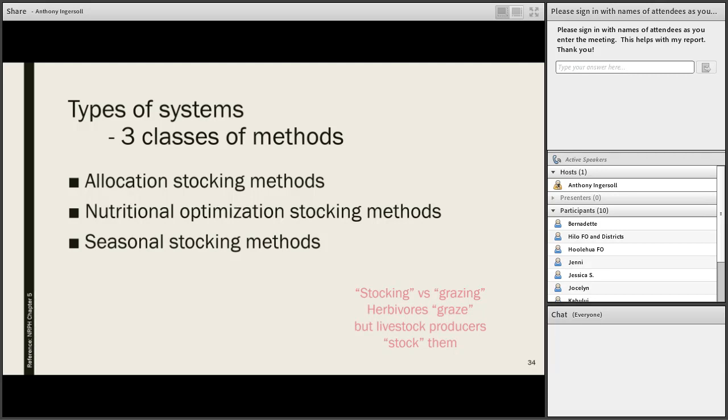There are the allocation stocking methods, nutritional optimization stocking methods, and seasonal stocking methods. And so this difference between the terms of stocking versus grazing: herbivores graze, but livestock producers stock them. So that's why some of them are going to be described with those two different terms, and I just want you to be a little aware of that.